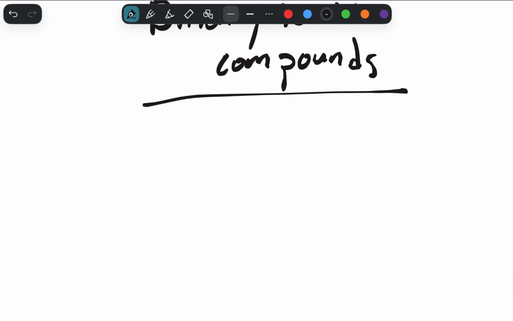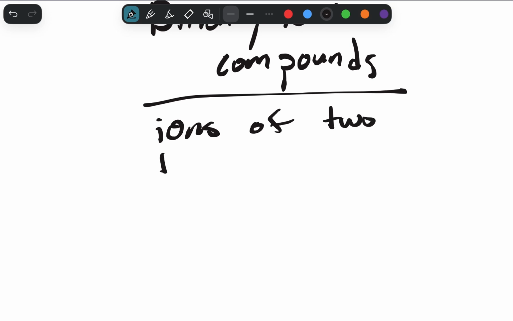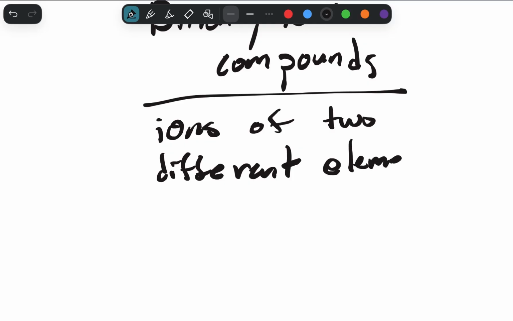The definition is that it is composed of ions of two different elements.